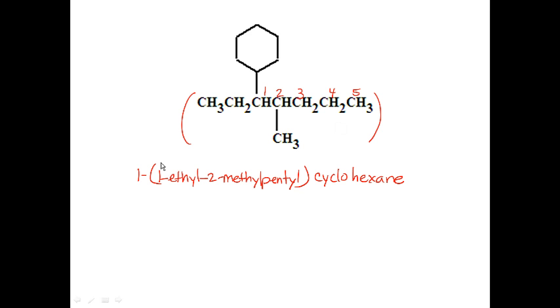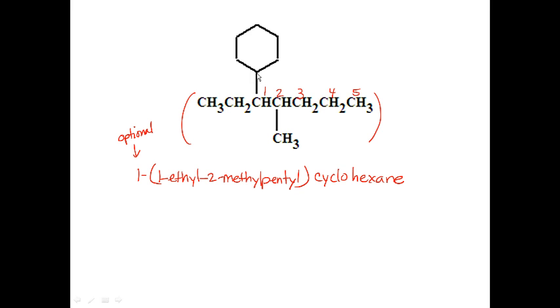Well, if there's only one group, by definition, that goes at carbon 1. So this 1 here, that's optional. I'll leave it up to you whether you want to put it in or not. Usually we don't. So one name of this molecule would be 1-ethyl-2-methyl-pentyl cyclohexane.